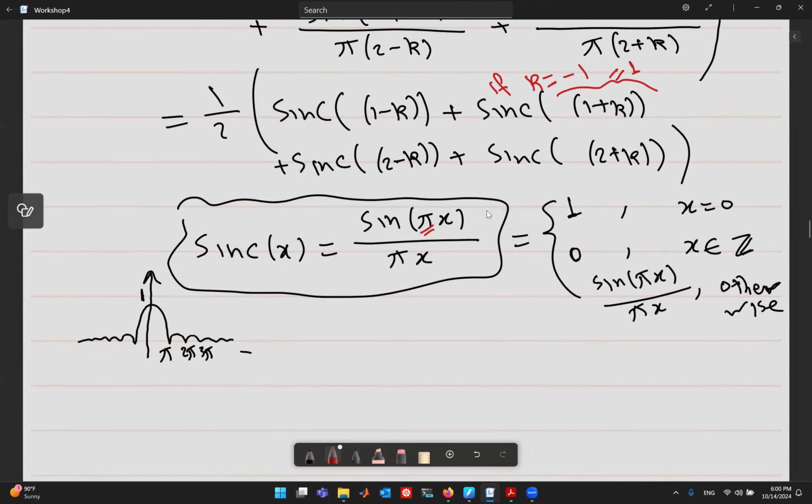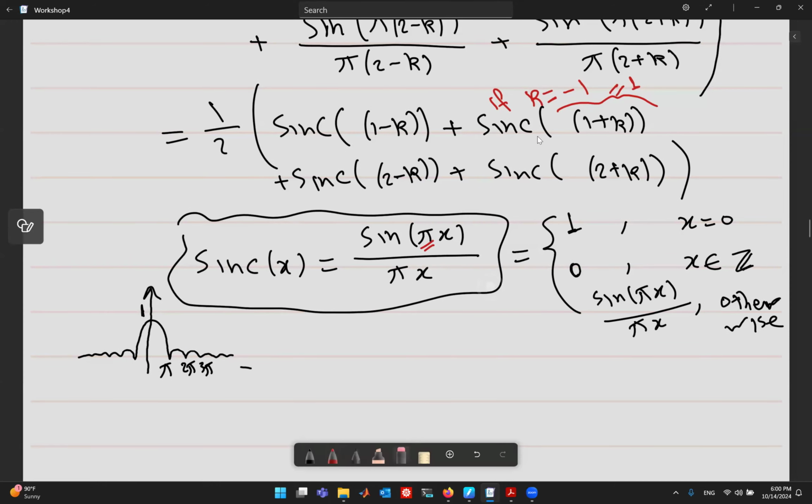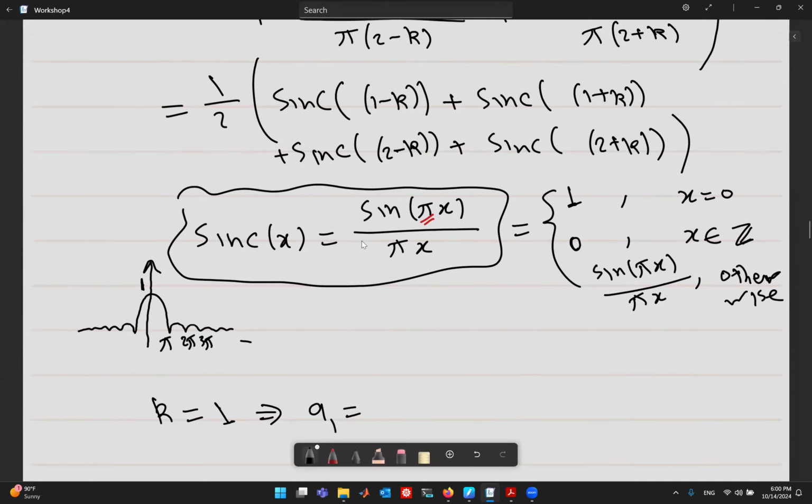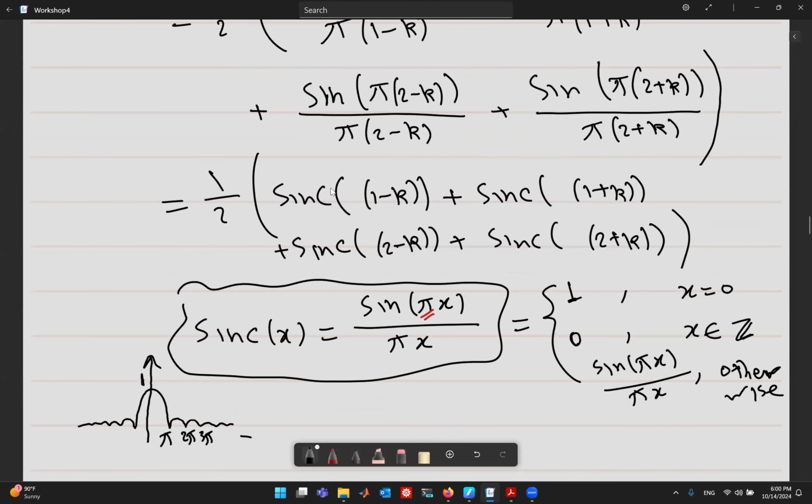So let me write what I have said here, but in a better way. When k equals 1, then a1 will be half times the first term only. The three remaining terms will be zeros.